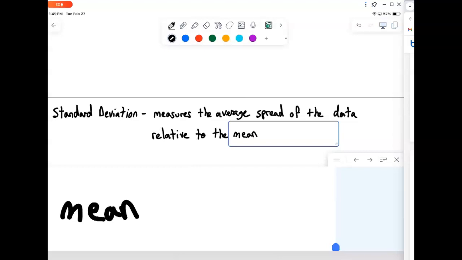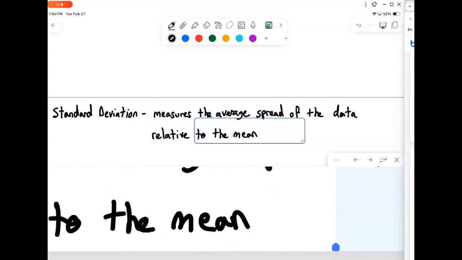In other words, we first figure out the mean, and then we figure out how far our data values overall fall from the mean, and we kind of do an average of those.